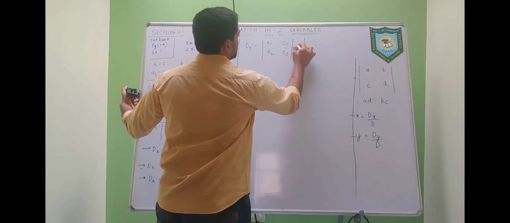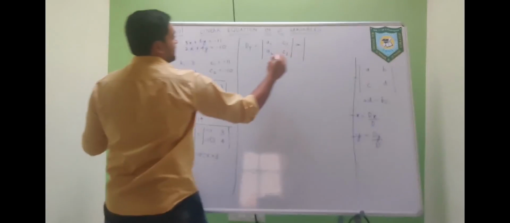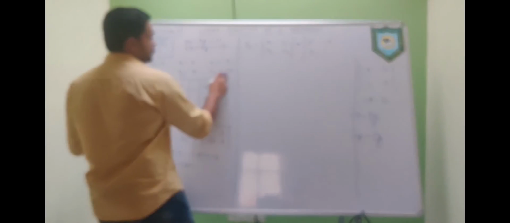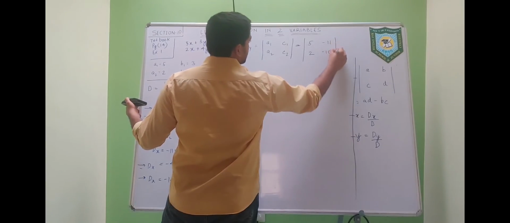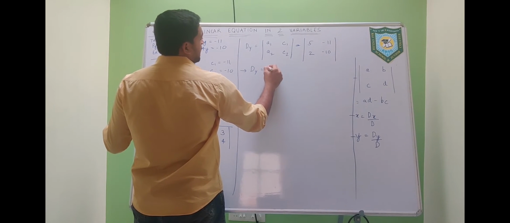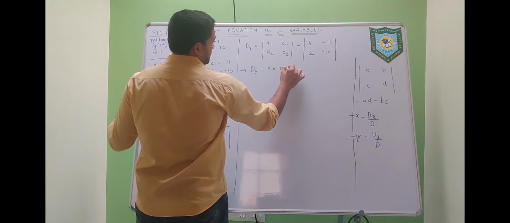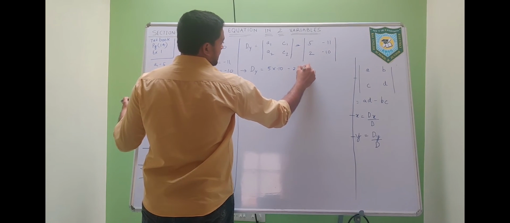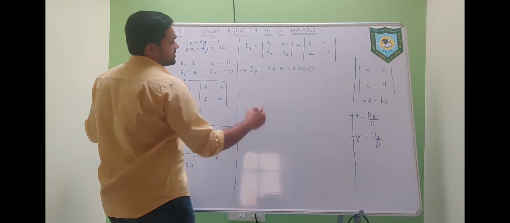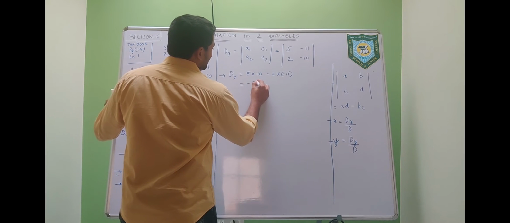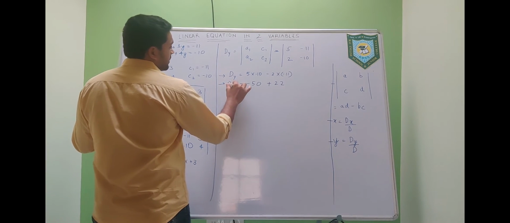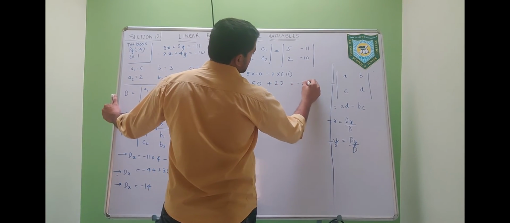Which is equal to, value of A1 is 5, A2 is 2, C1 is minus 11, C2 is minus 10. This comes as dy is equal to 5 into minus 10 minus 2 into minus 11. So now I have 5 into minus 10 and minus 2 into minus 11. This is minus 50, this is plus 22, minus minus is plus. So now my dy value becomes minus 50 plus 22, which is minus 28.